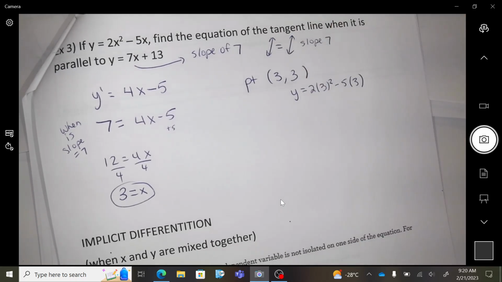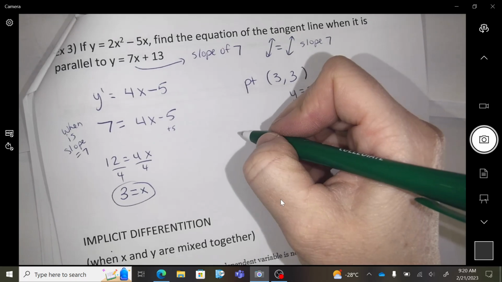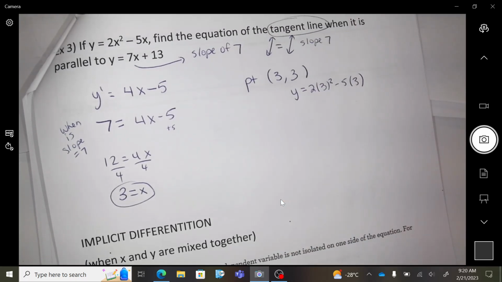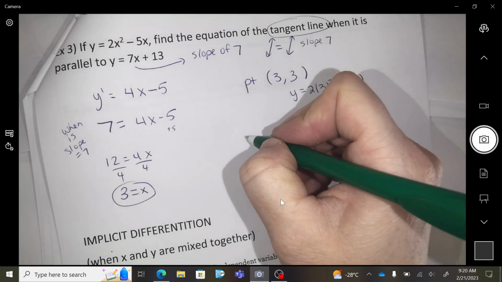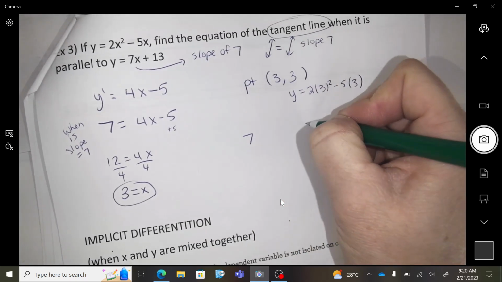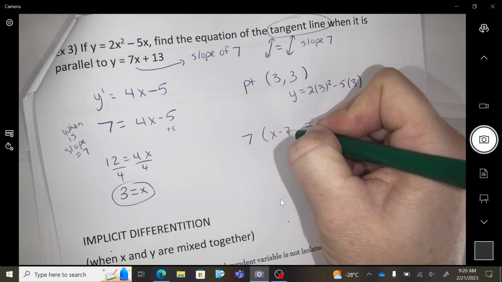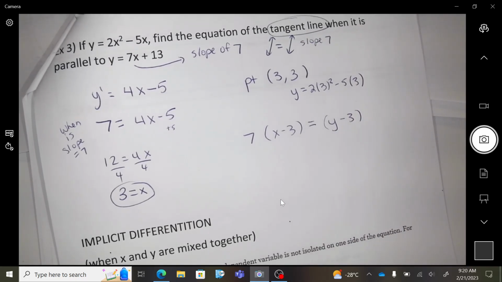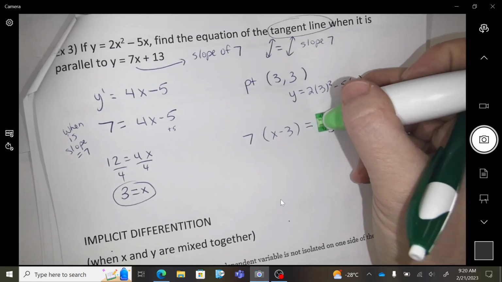I got 3. Is it 3, 3? And then, so finding the equation of this tangent line, the slope is 7. And the point is 3 comma 3.